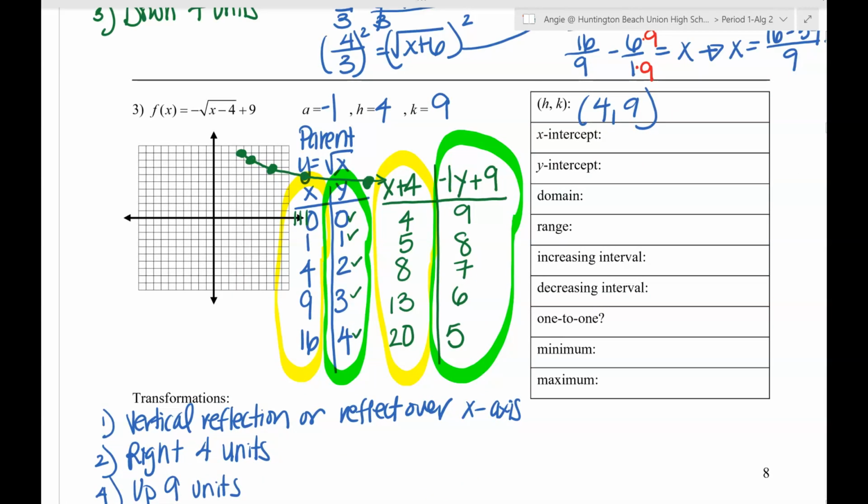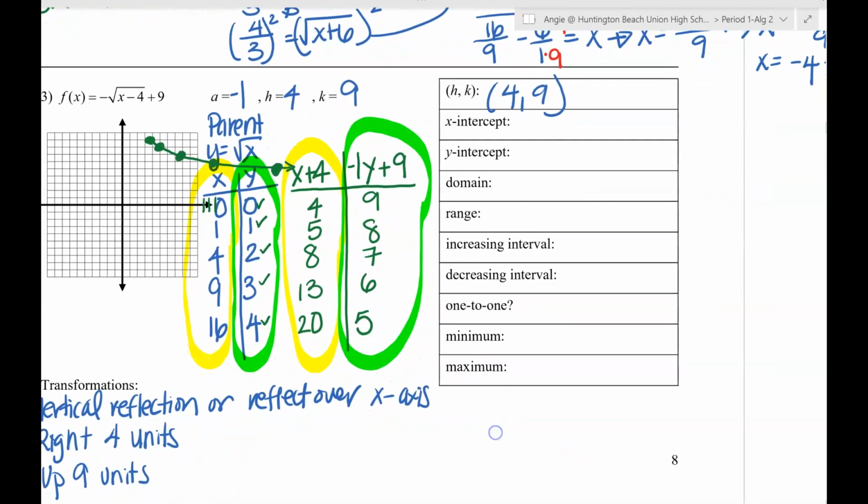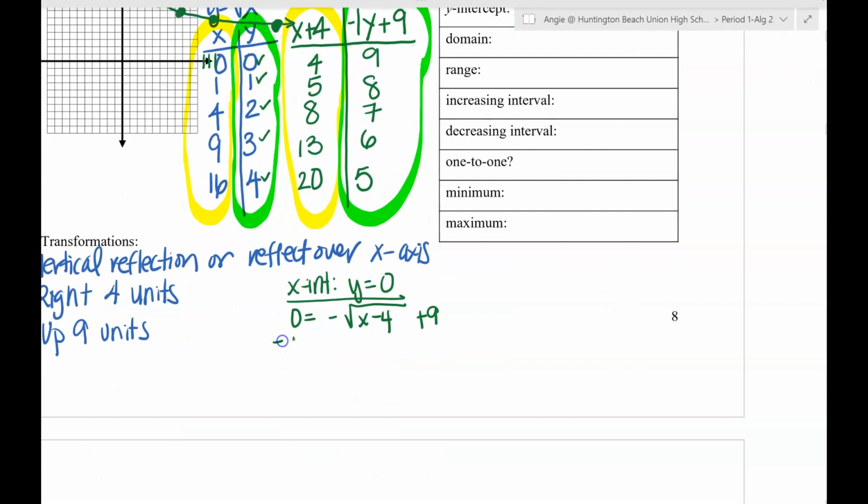X-intercept. Even though right now we don't see it, we can tell that it's not touching the x-axis, but eventually it will. So we do have to find the x-intercept algebraically. X-intercept is when y equals 0. So 0 equals negative square root of x minus 4, plus 9. First step, subtract 9 from both sides. So we have negative 9 equals negative square root of x minus 4.